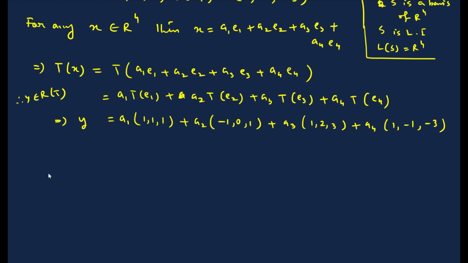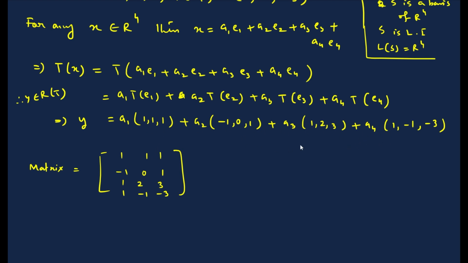So we have to make a new matrix. The matrix for this particular set will be: 1, 1, 1, -1, 0, 1, 1, 2, 3, and 1, -1, -3. These are all the coefficients of this new equation.